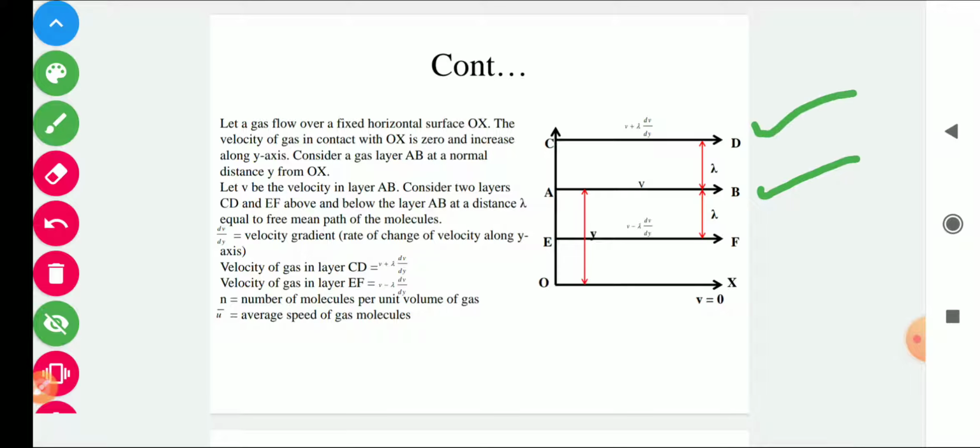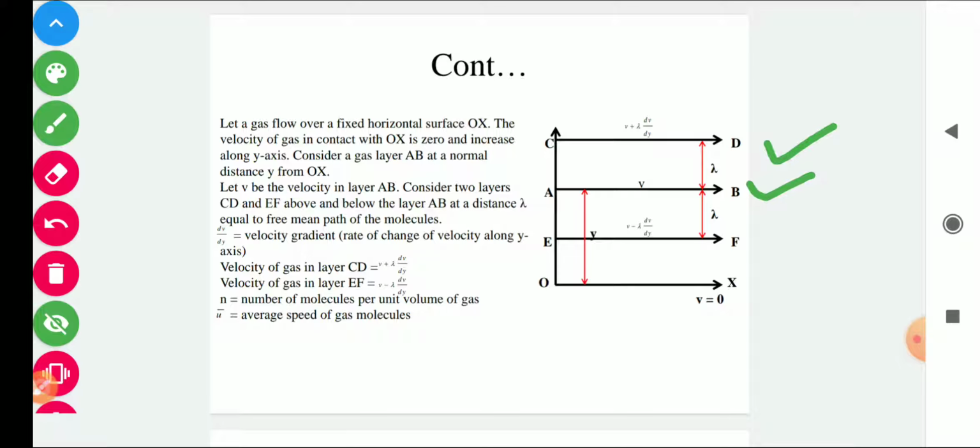If layer AB is moving with velocity V and the velocity gradient is dV by dy, then the total increase in velocity at a distance lambda is the velocity gradient multiplied by the distance, lambda dv by dy.